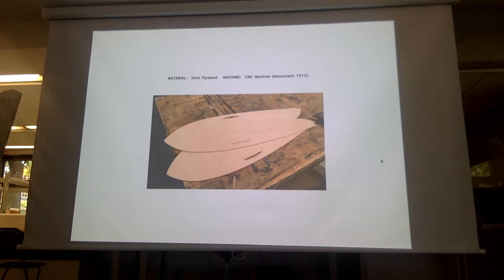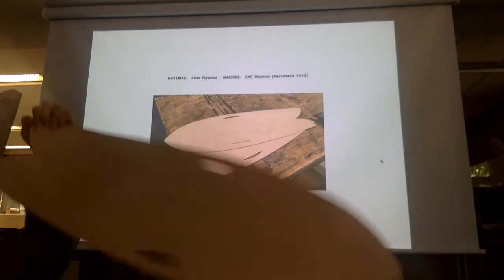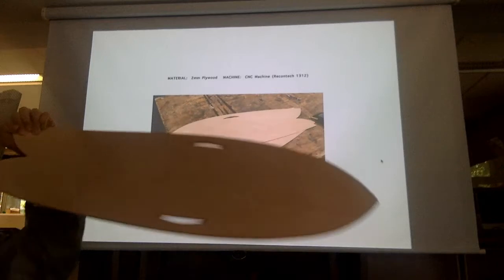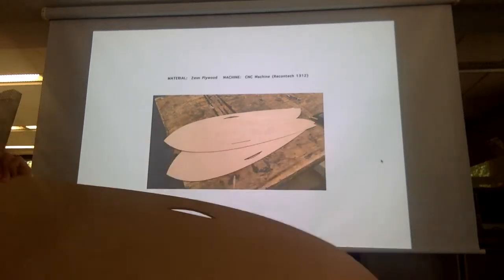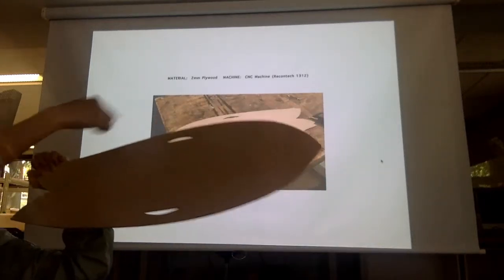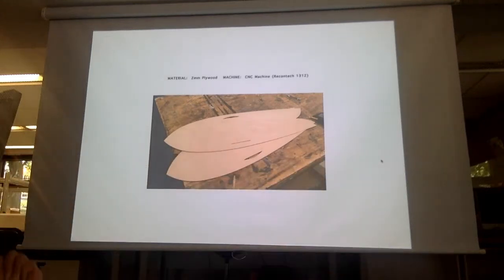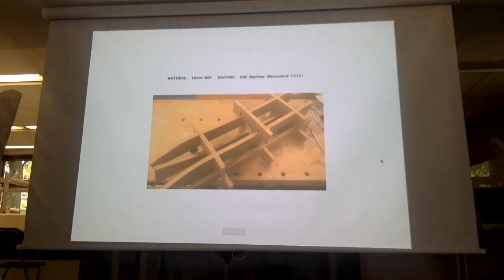About the material I used to make the skateboard: for the deck part, I used 2mm plywood and a CNC machine to cut the shape of the deck. And for the mold part, I used 16mm MDF and also used a CNC machine to make the mold.